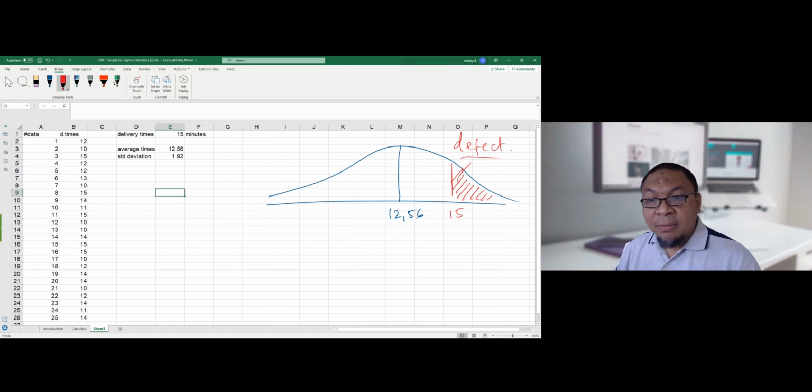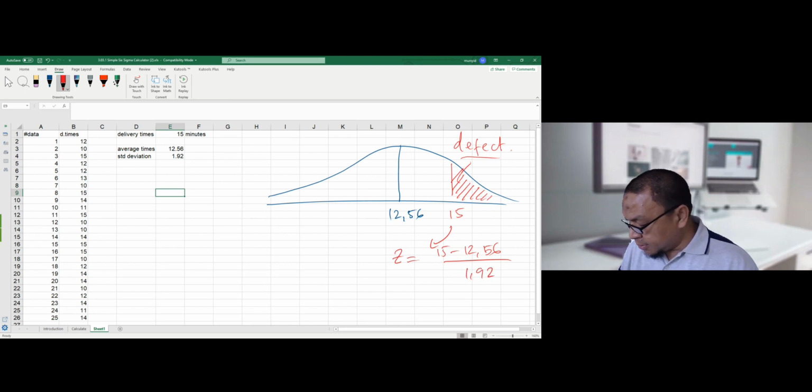Now, how to calculate the probability of defect? Referring to the previous topics, we can calculate using the Z value. Z is 15 minus the average, 12.56, divided by sigma, which is 1.92.